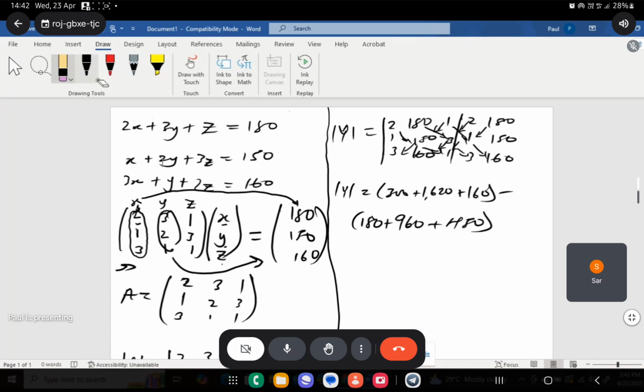Okay. So therefore, matrix Y becomes 300 plus 1620 plus 160, which is 2080, minus 180 plus 960 plus 450, which is 1590.